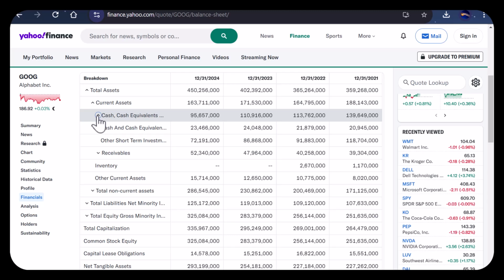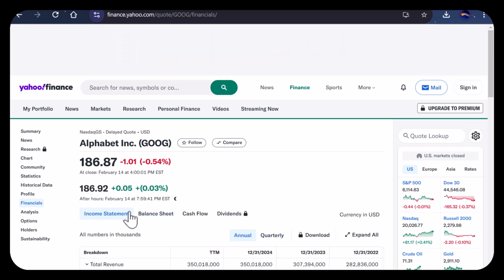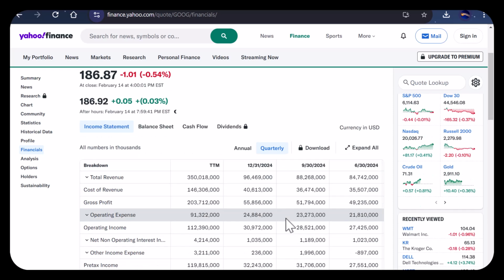So let's look at their sales. Trailing 12 months, $350 billion. 2% of that is only $7 billion. That means Google has essentially $90 billion in excess cash.